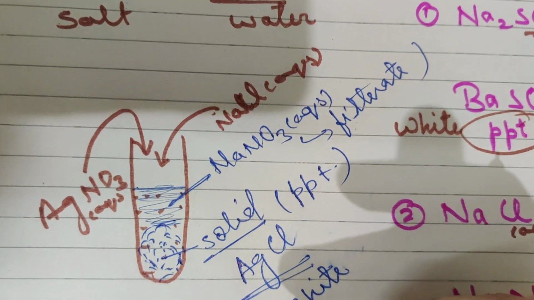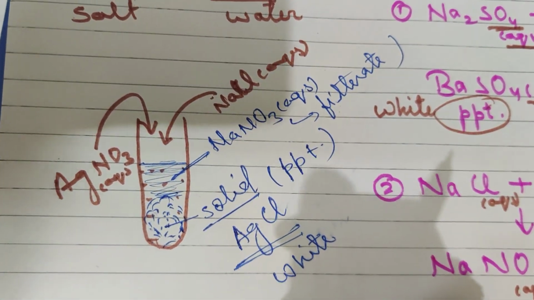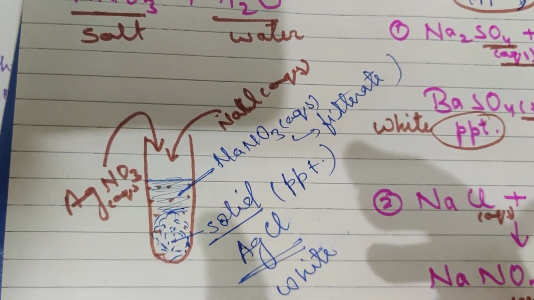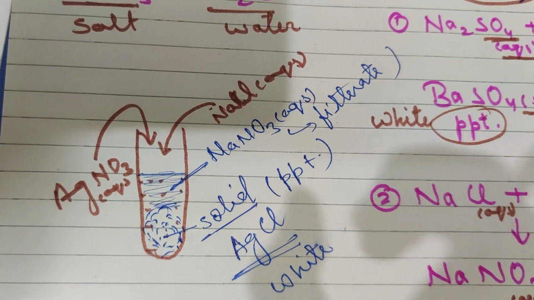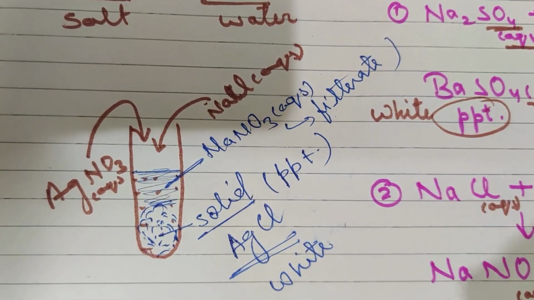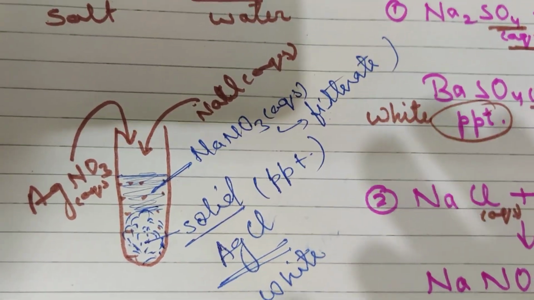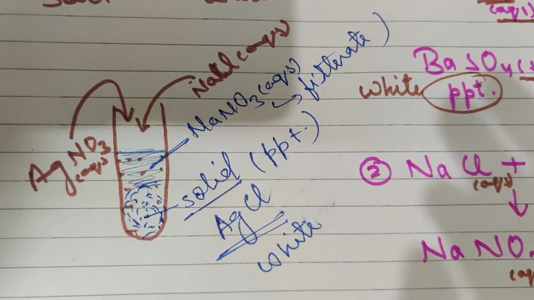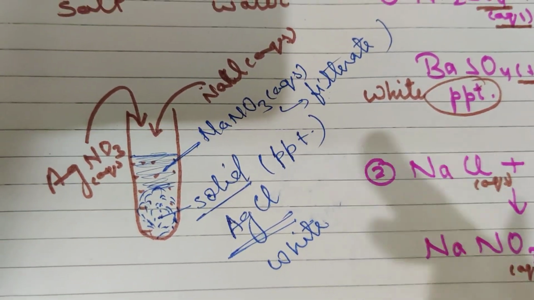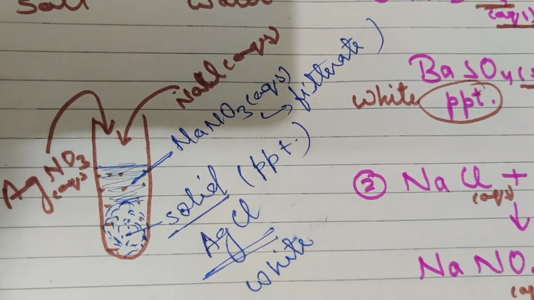So it appears like this. You can compare it with curd. If you observe curd properly, you will find that there is some solid component present in the curd, and if you separate out that solid component from the curd, you'll find liquid left behind. That liquid is known as filtrate, and that solid portion that you have removed from the curd will correspond to precipitate.